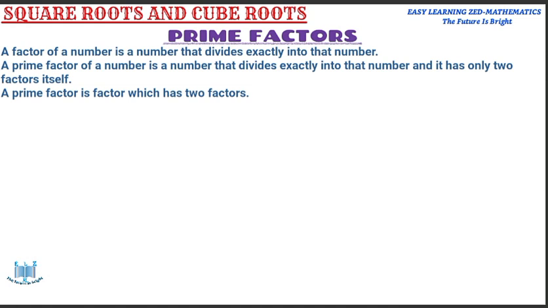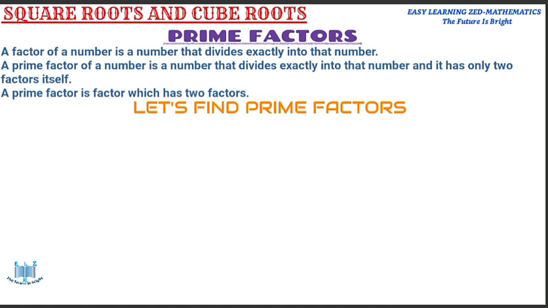Therefore, 3 is a prime factor of 6. You are going to understand this well when I start finding prime factors of the numbers. I'm going to work out 3 examples.